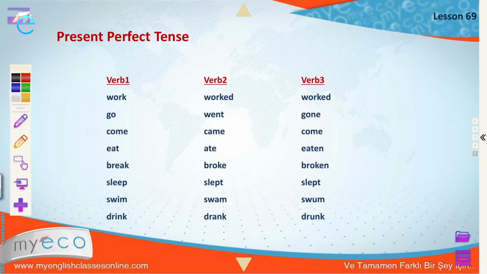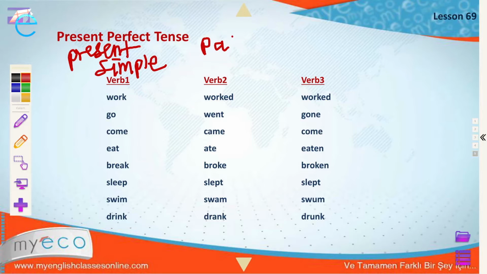Let's take a look at the different verb forms. Verb 1, we also call the present simple tense. And verb 2 is, of course, the past simple tense.